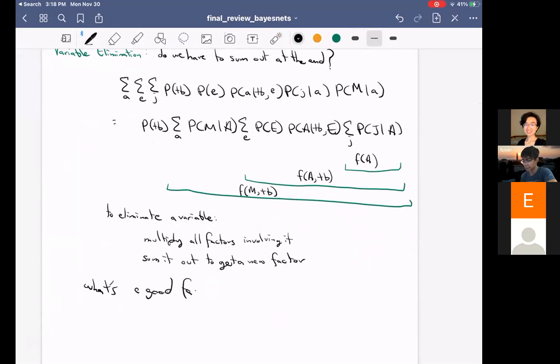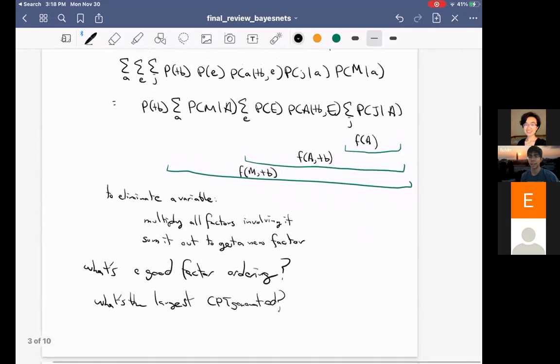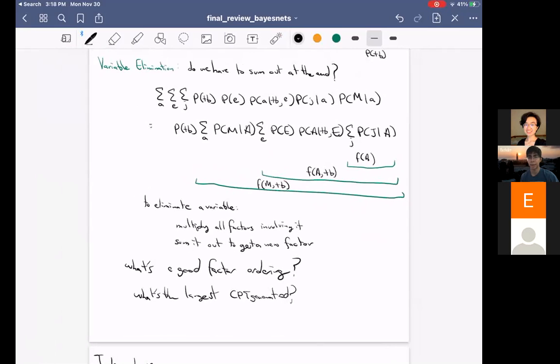That's a common thing that you can see. So in what order should we do this kind of multiplication and summations such that we get small tables? And then you could be asked what's the largest CPT, conditional probability table, that's generated when you do this. So you can take a look at another worksheet if you want to go more in depth about this.